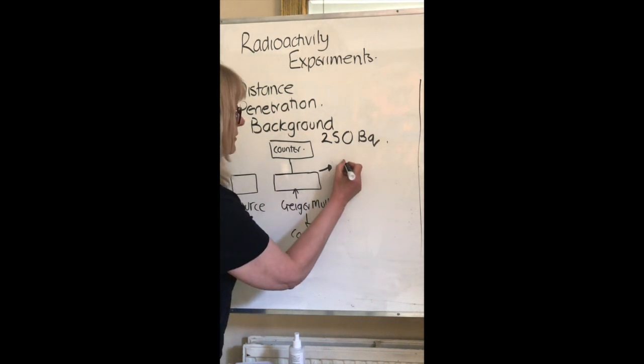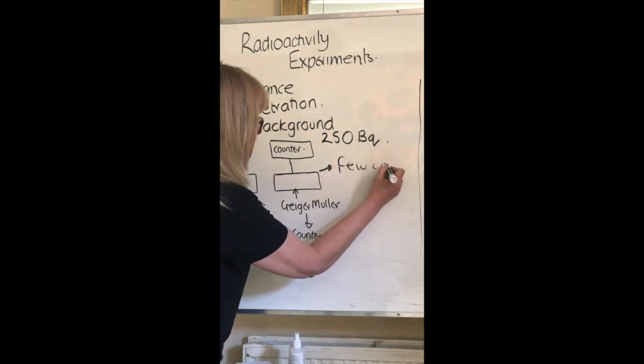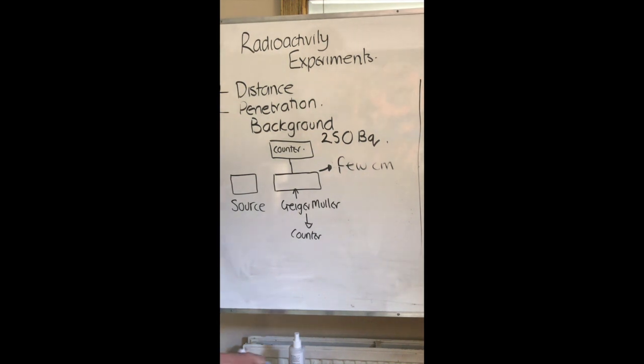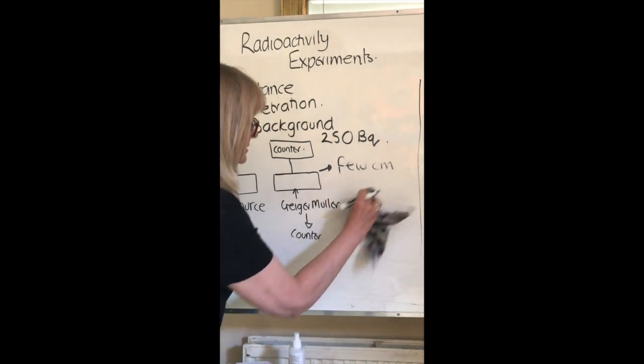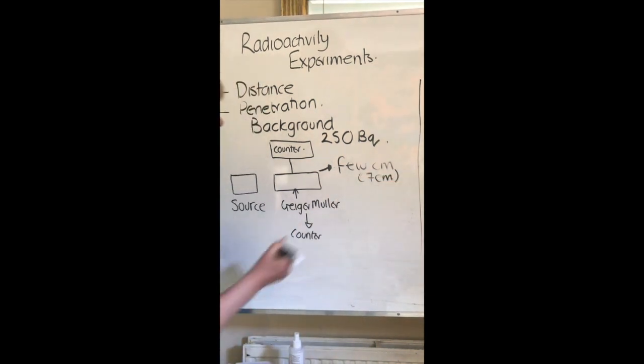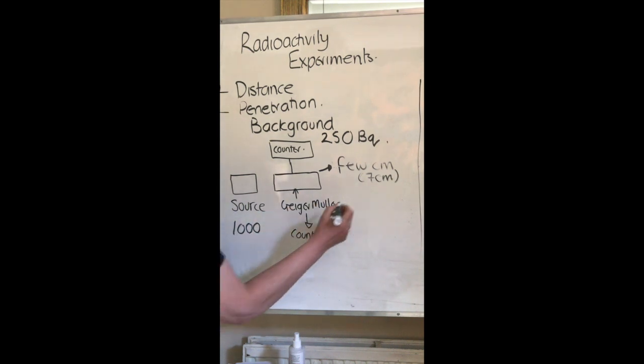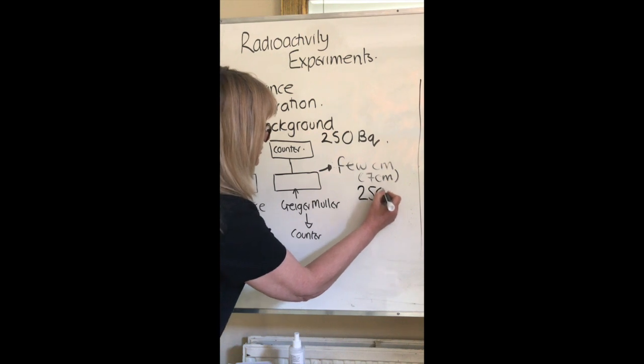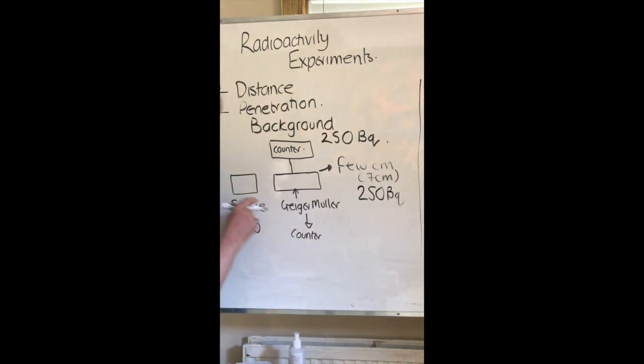If, however, we now move it back to a few centimetres from the source, probably about 7 centimetres is when most beta radiation is absorbed, our count would fall to background levels. So our 1,000 becquerels is still pretty high a few millimetres from the source, but a few centimetres from the source, we're falling down to 250 becquerels. So that's telling us that the radiation in that source is beta.